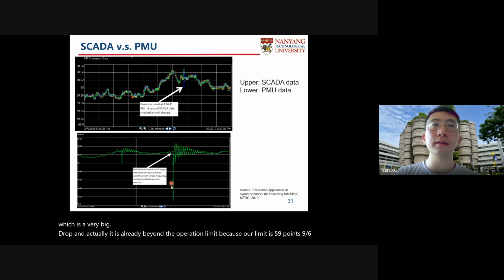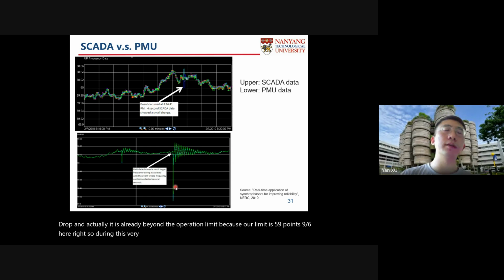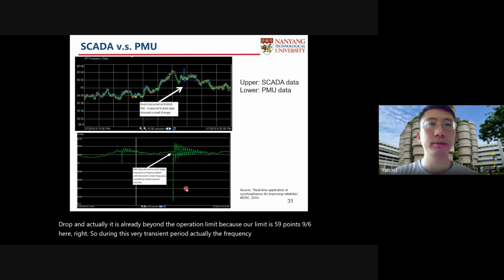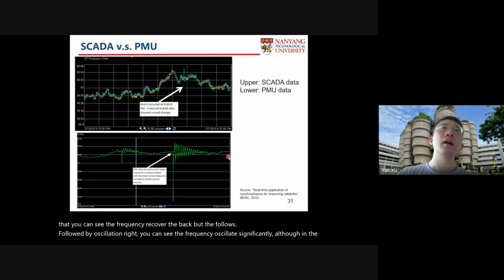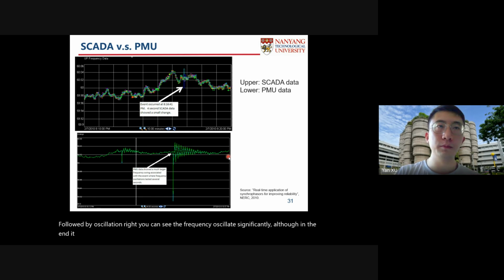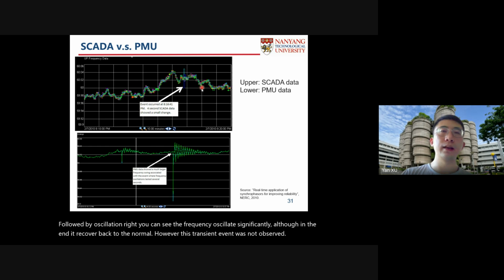So during this very transient period, the frequency is out of range. After that, the frequency recovers, but is followed by oscillation. You can see the frequency oscillates significantly, although in the end it recovers back to normal.